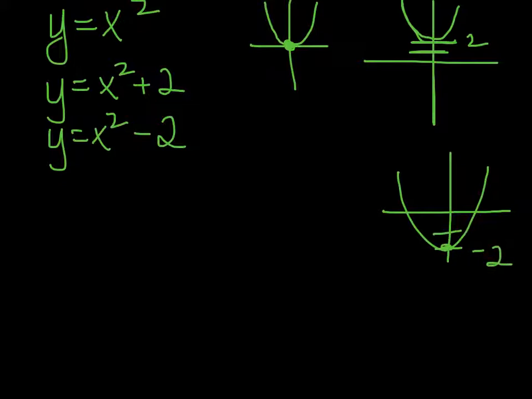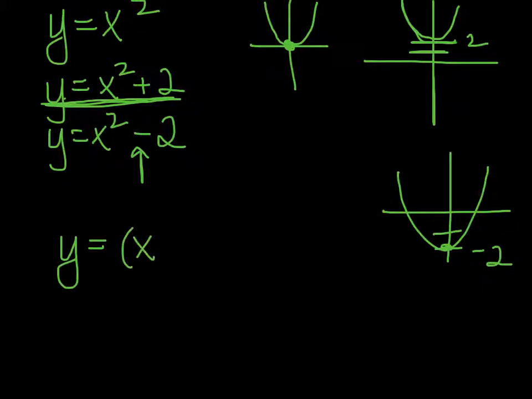So when there aren't any parentheses, your shift is going to be vertical, and it's going to be in the exact order of the sign. If you look at this second equation, that was a plus 2, we went up 2. If you look at the third one down here, that was a minus 2, we went down 2. All right, so let me just sum it all up here.